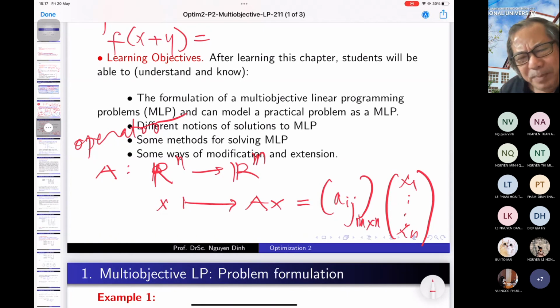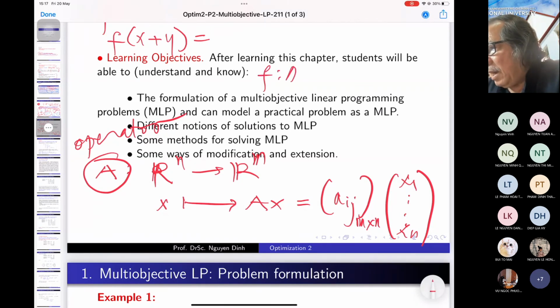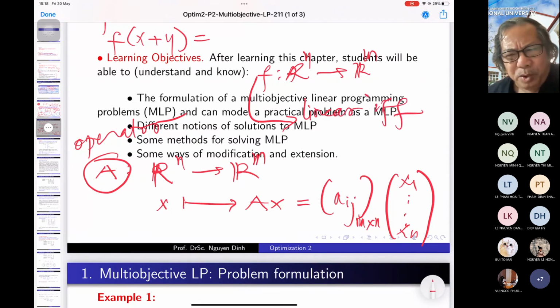So what is a linear mapping? A mapping f from Rn to Rm is linear if and only if... what is the definition? Who remembers? Minh Quân, do you remember? Yes, sir.